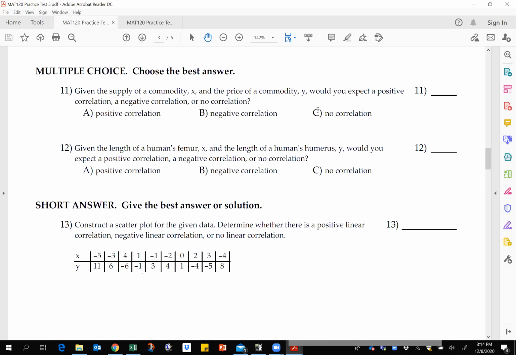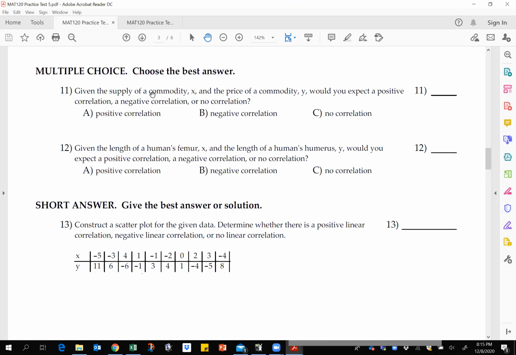In question 11, it says, given the supply of a commodity and the price of the commodity, would you expect a positive, negative, or no correlation? For this one, it's easy to think about it in terms of scarcity or the Walmart effect.